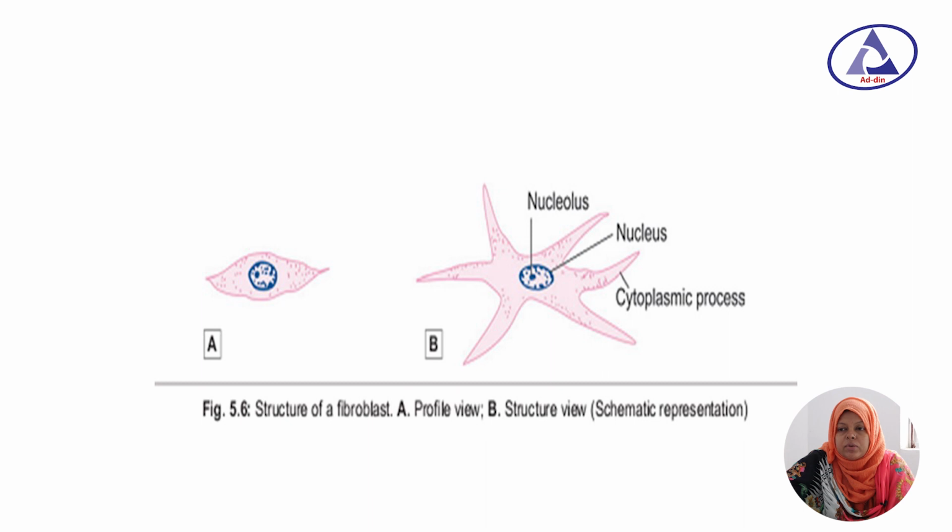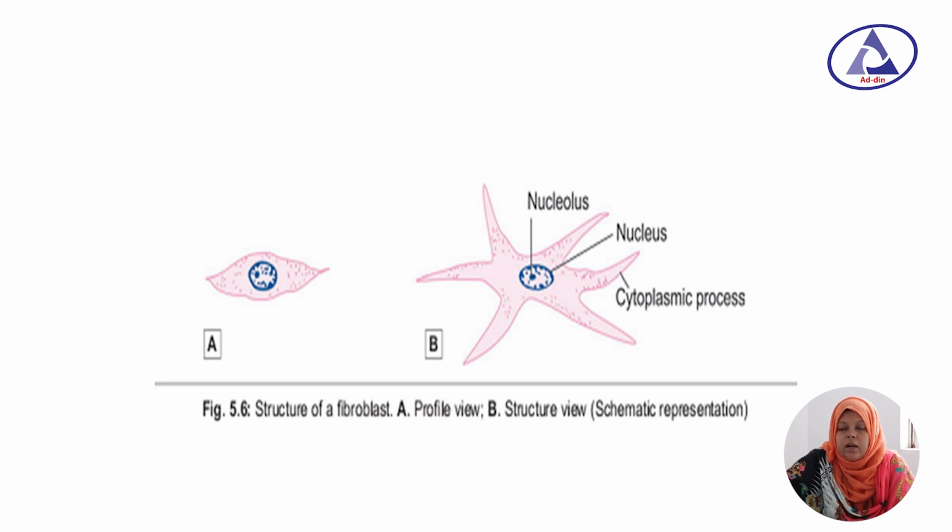So now comes to the structure. Cytoplasm of the fibroblast is more abundant and irregularly branched. Nucleus is large, ovoid, euchromatic with a prominent nucleolus. Rough endoplasmic reticulum is much abundant and Golgi apparatus is well developed. There is a question, why is the rough endoplasmic reticulum much more abundant in fibroblast?